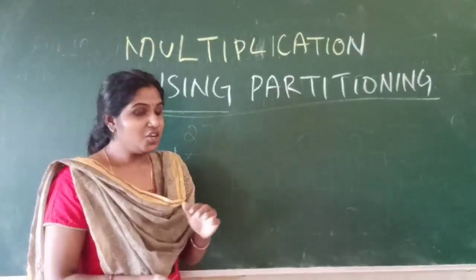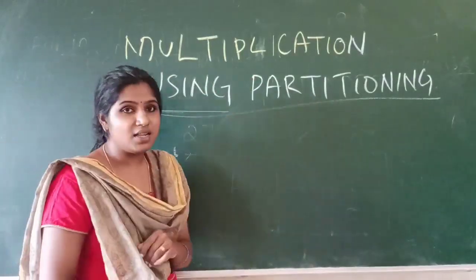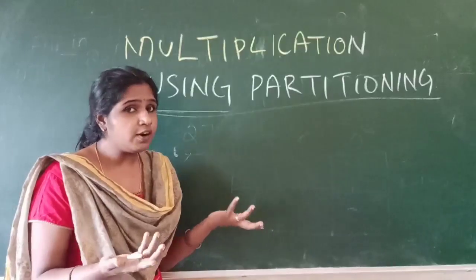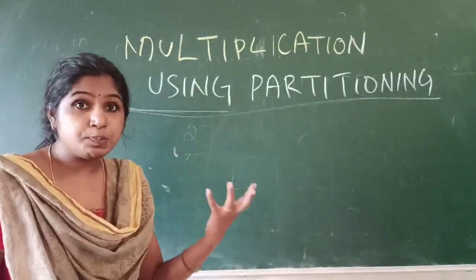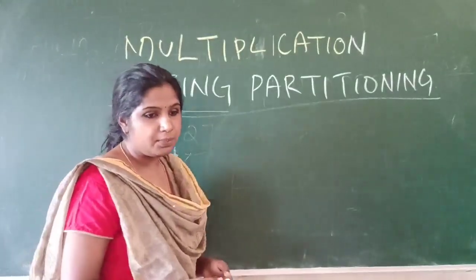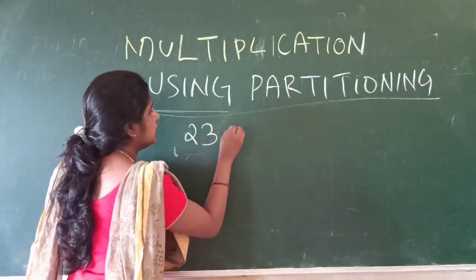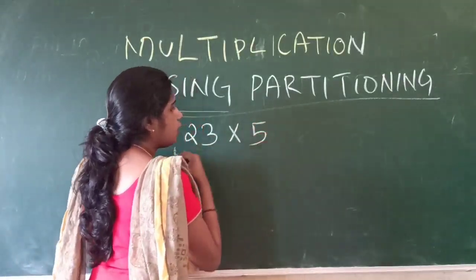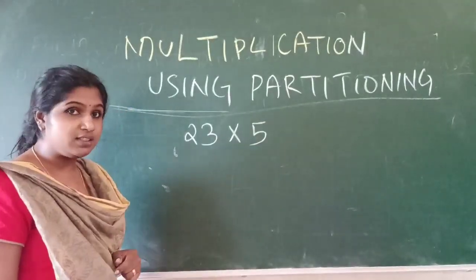Now we are going to study multiplication using partitioning. You all know what partitioning means. Partitioning means the expanded form. We are taking an example, 23 into 5. Can you say the partitioning form of 23?